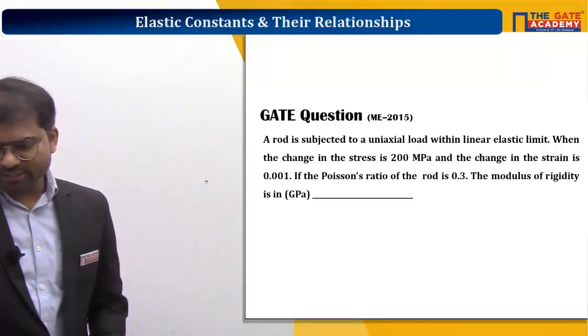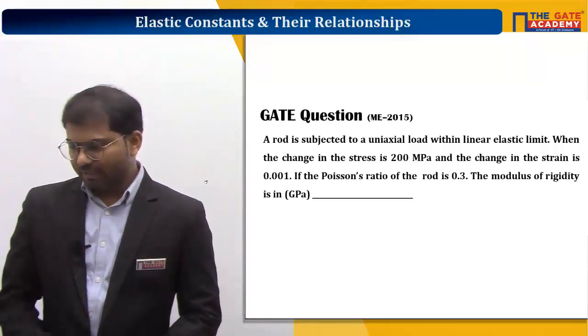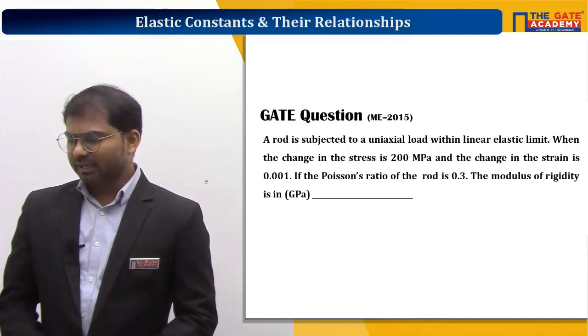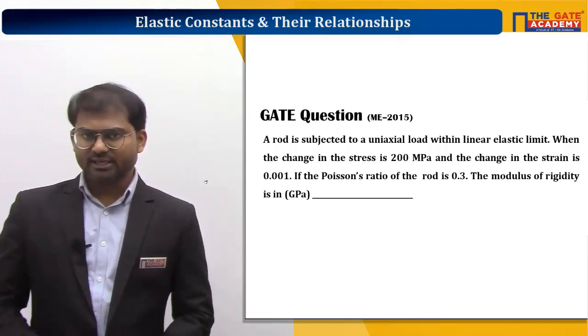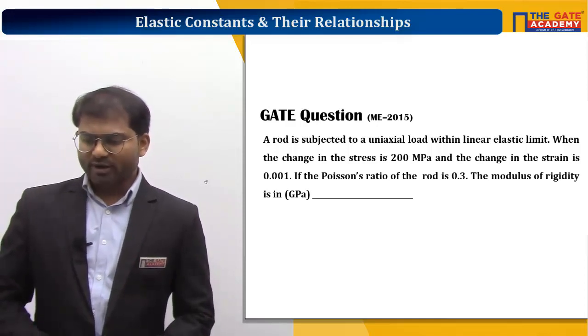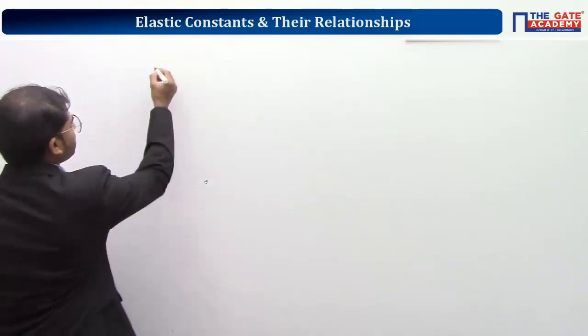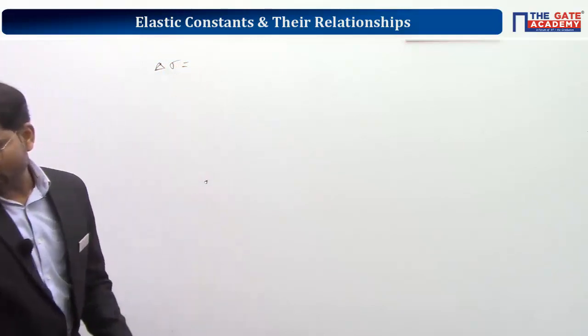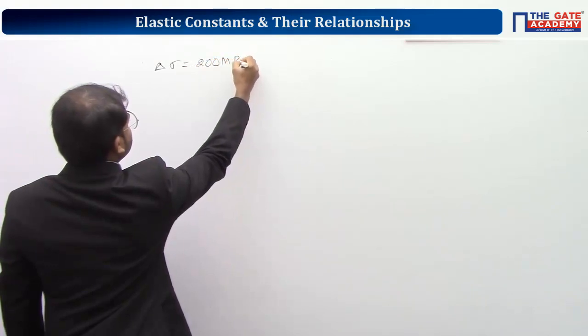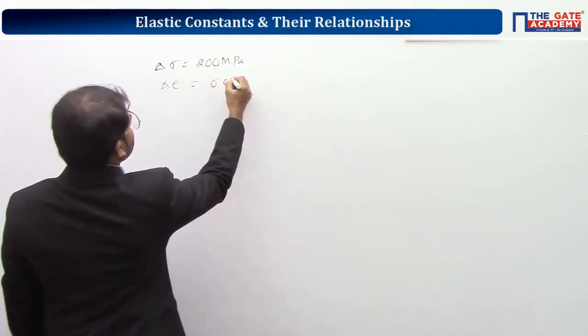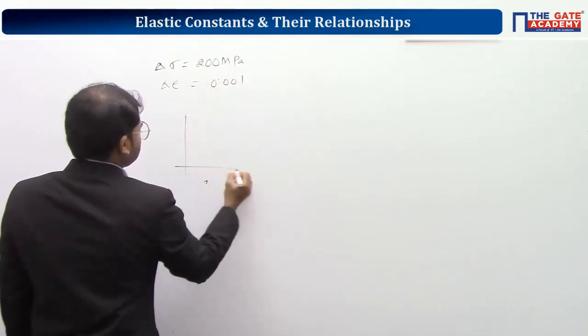It's given that a rod is subjected to a uniaxial load within the linear elastic limit, when the change in stress is 200 megapascal and the change in strain is 0.001. If the Poisson ratio of the rod is 0.3, what is the modulus of rigidity of the material? Here the change of stress is 200 megapascal and the change of strain is 0.001.